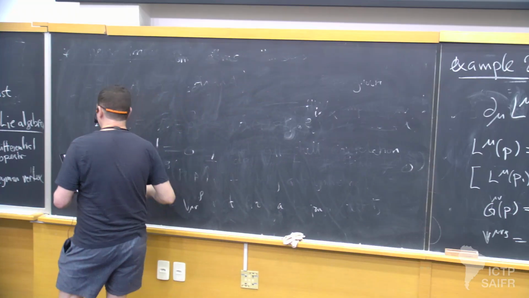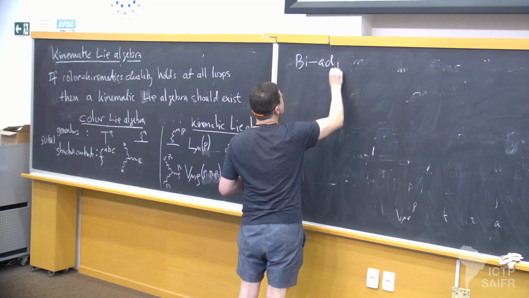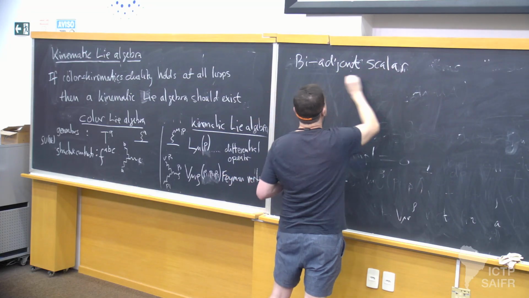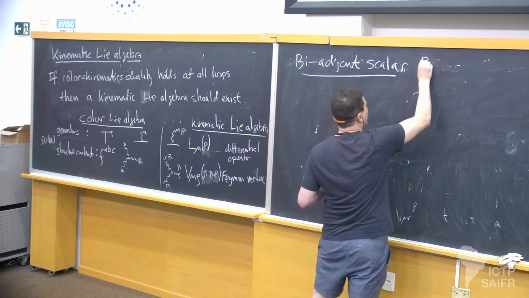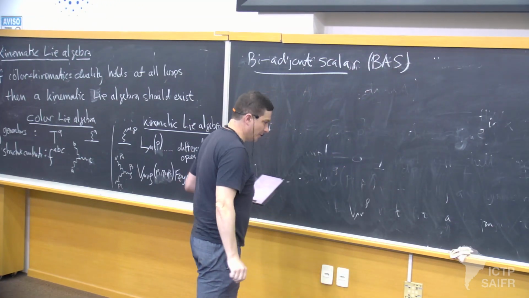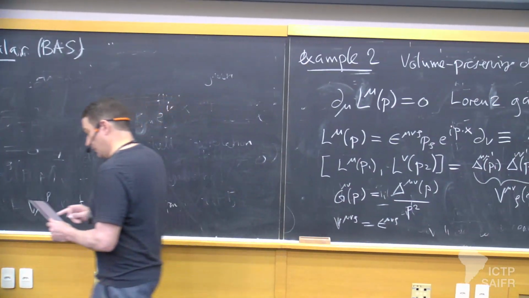So this is the bi-adjoint scalar. Sometimes people abbreviate it as BAS. Sometimes people also call it phi cube theory because it's basically phi cube theory.